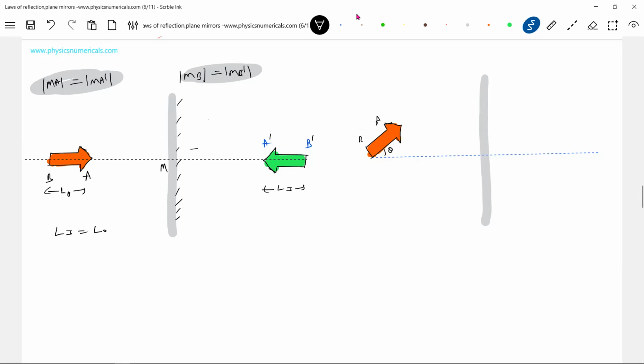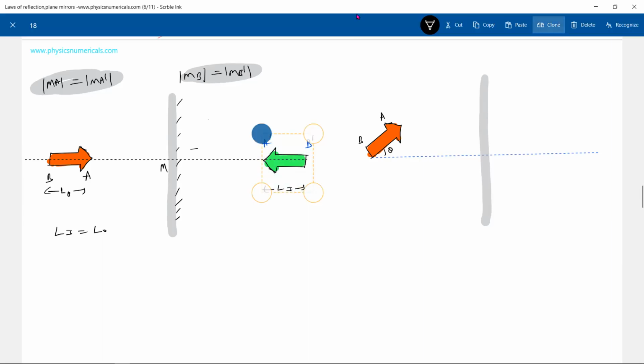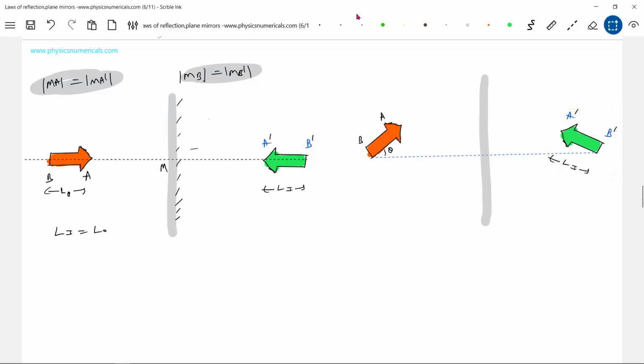Then what about the image? Again, the image will have an orientation, whatever the inclination will be, the same.